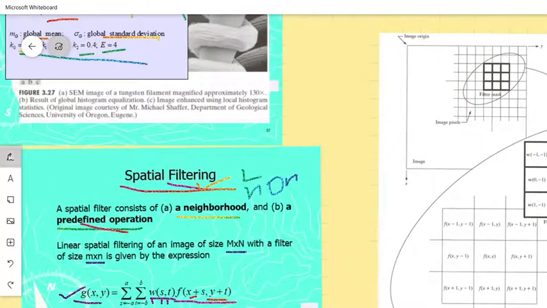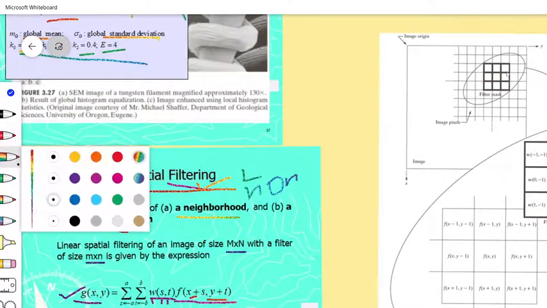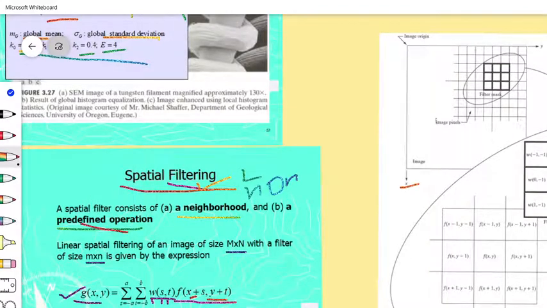See here, this is the original image, and these are the image pixel values represented. This is the x coordinate, this is the y coordinate, and we selected the filter mask here from the origin.